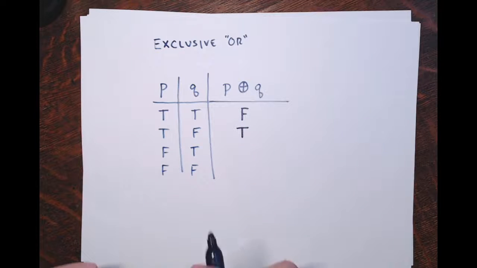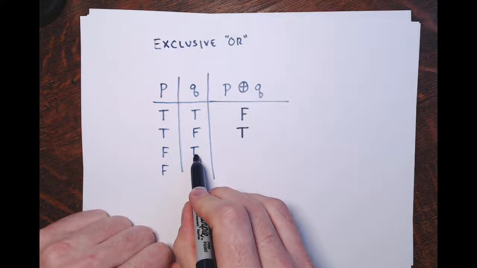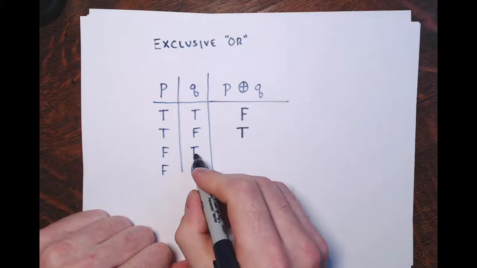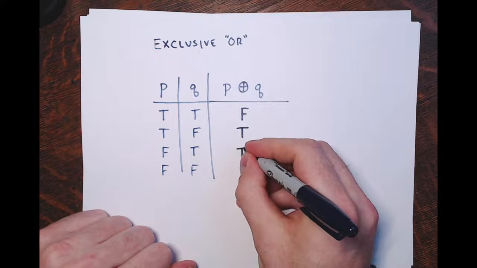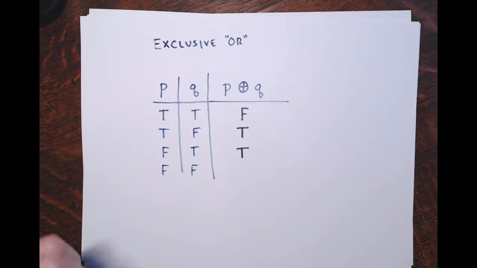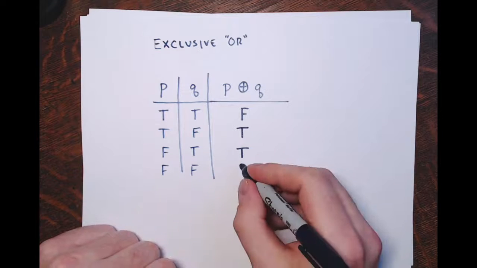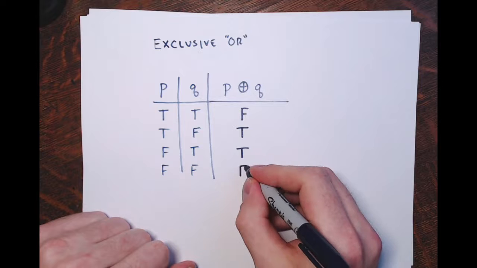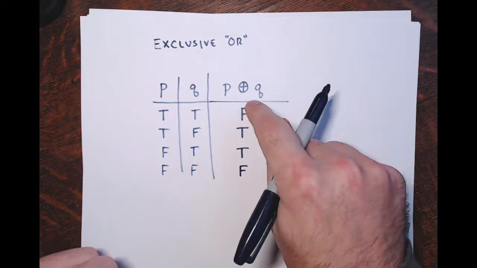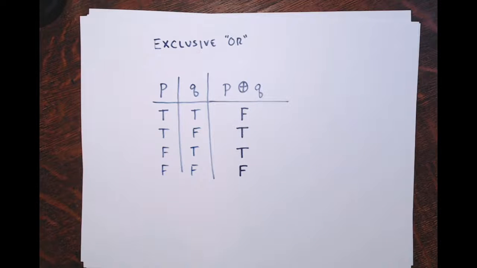This one, Q is true, but P is not, so again, exactly one of them is true, making the exclusive OR statement true. And then when they're both false, it's just like the other one, a false statement. So there are the possible truth values of an exclusive OR compound proposition.